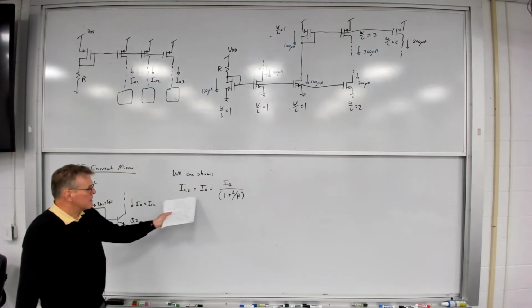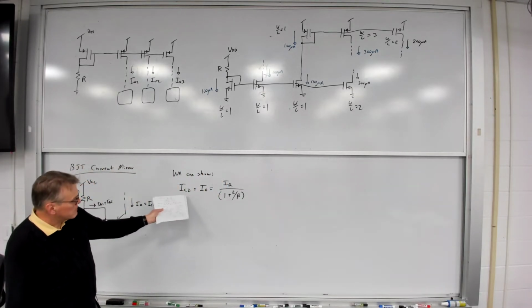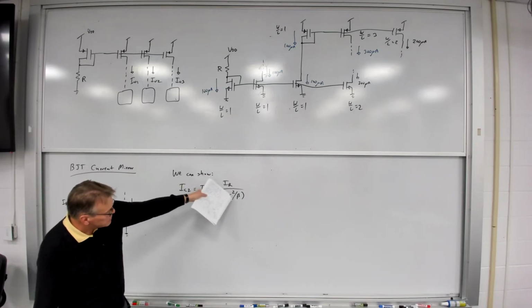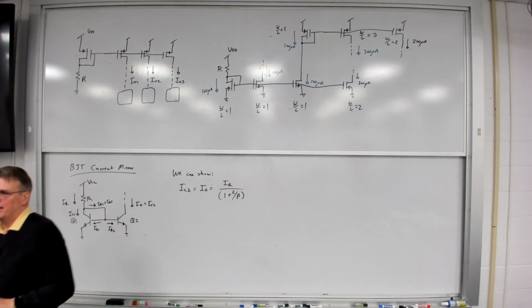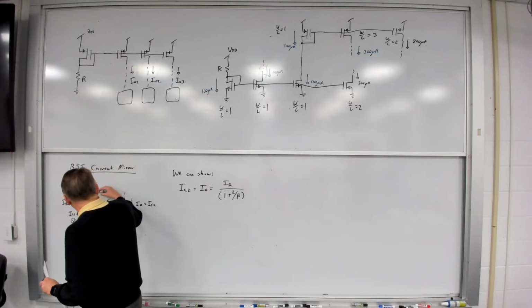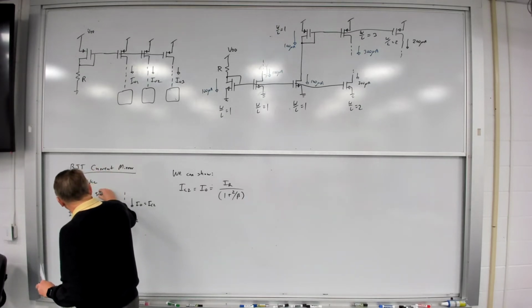So I0, which is equal to IC2, is just equal to IR divided by 1 plus 2 divided by beta. Because, of course, we know that in this case, IB1 and IB2 are just equal to IC1 divided by beta plus IC2 divided by beta.